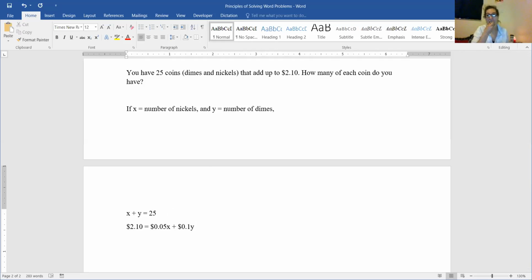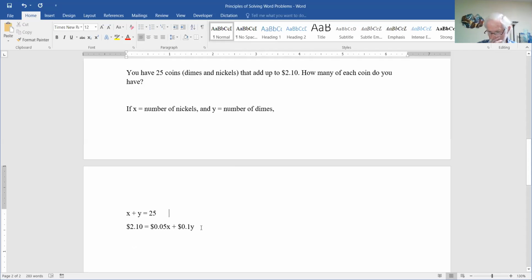Okay. There is a very simple approach. We have one complicated looking problem with a bunch of decimals in it. We could multiply this by 100, but we still have 2100 equals 5x plus 10y.